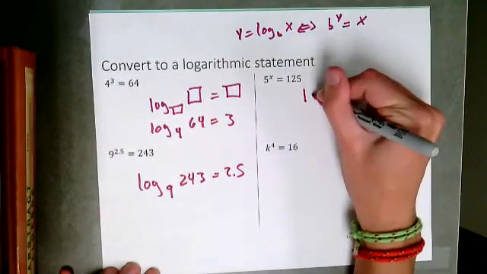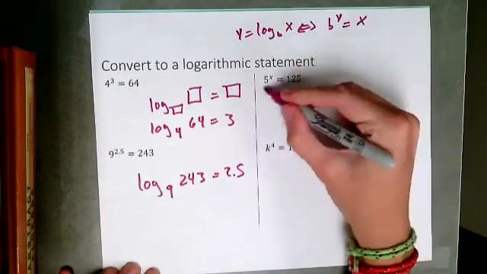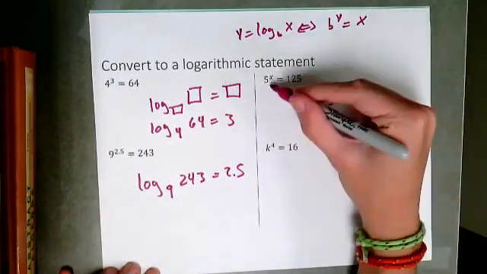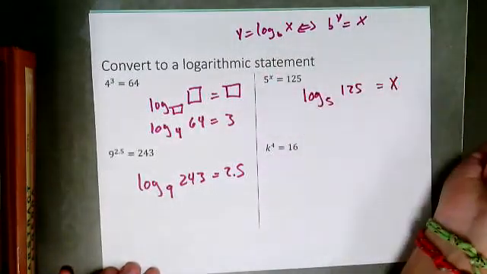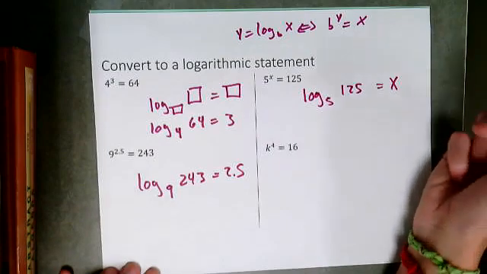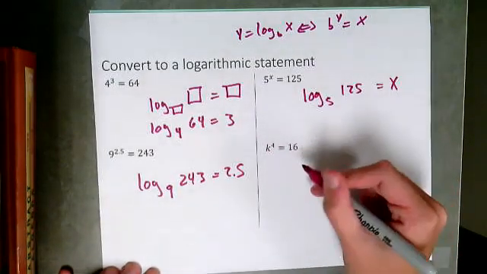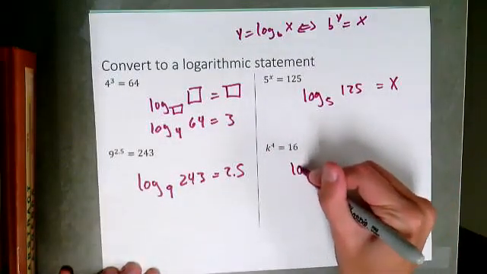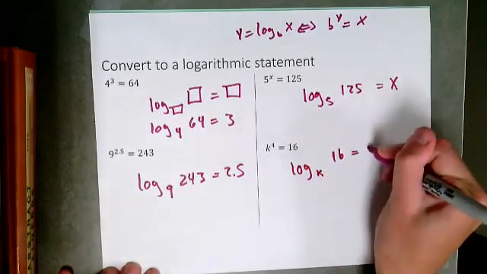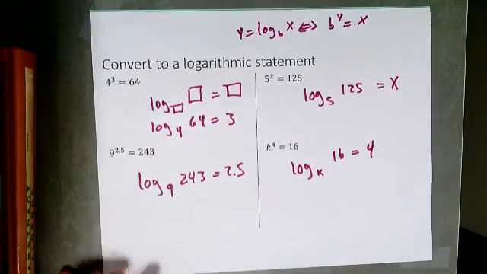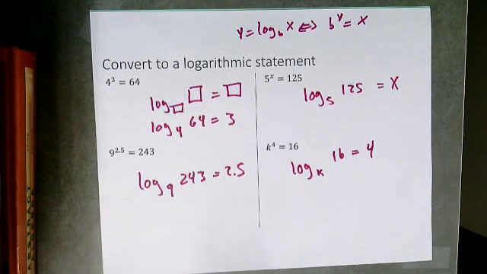Well, we can rewrite this as log base 5 of 125. Jump back over, that's equal to x. K to the 4th equals 16. That's the same thing as saying log base k of 16 is equal to 4. So that's converting from exponential into logarithmic.